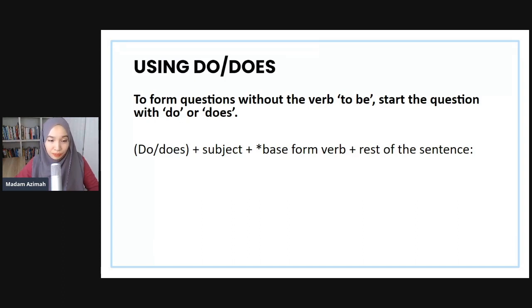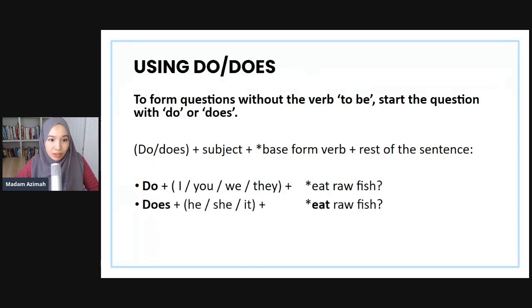Do or does plus subject plus base form verb plus the rest of the sentence. That's the formula. So for example, do I or you or we or they eat, which is the base form of the verb, raw fish, which is the rest of the sentence. Do you eat raw fish? Pay attention to the base form of the verb eat there.